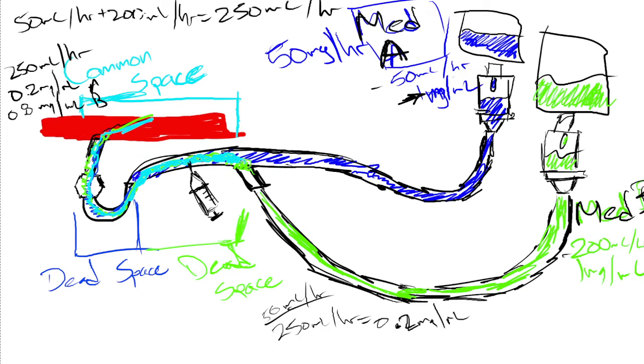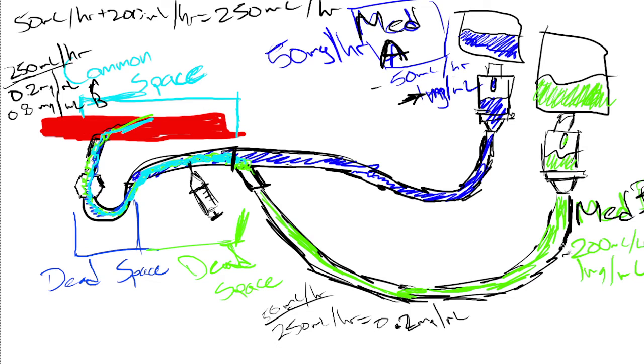Now if we do any kind of rate changes, that's going to throw all this off. We use the same formula, the same idea, to figure out what kind of change we're going to have. Let's say Med A is running, and then we come over and stop medication B. Our initial common space rate was 250 mLs per hour. Medication B is still in this area, still mixed into the common space.